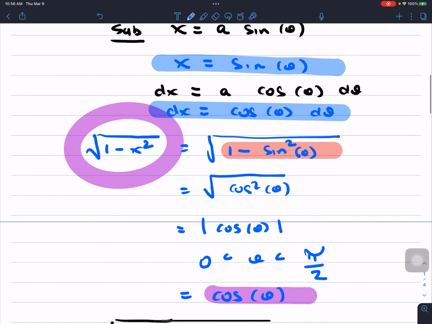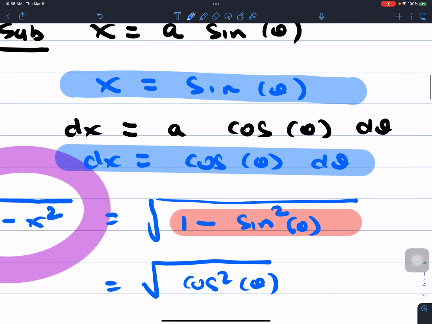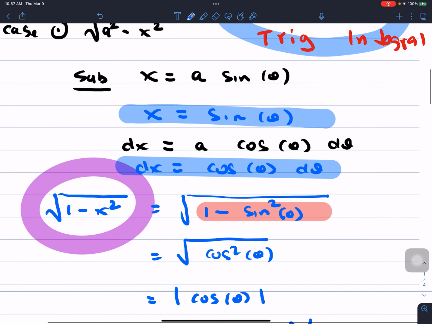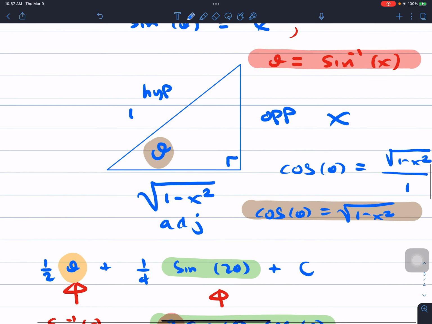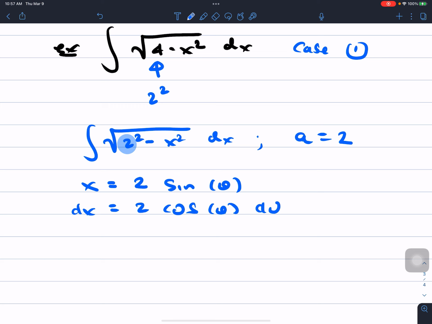Where's our procedure? Okay, see that? A sine theta. That's what you're going to let x be. What will dx be? 2 what? Cosine theta d theta. Is that true? So use what's in black there. So dx is going to be now this: 2 cosine theta d theta.